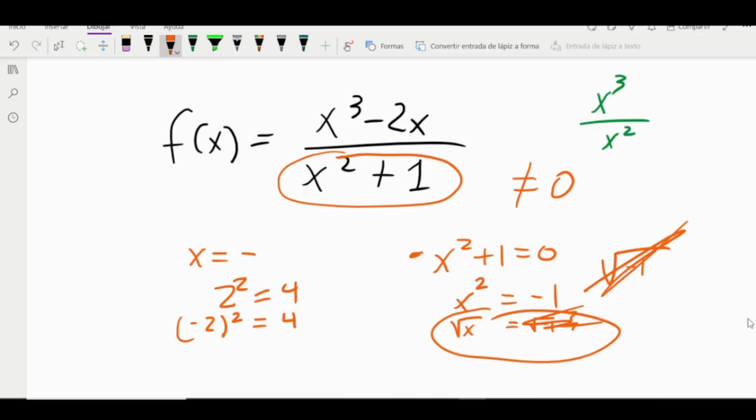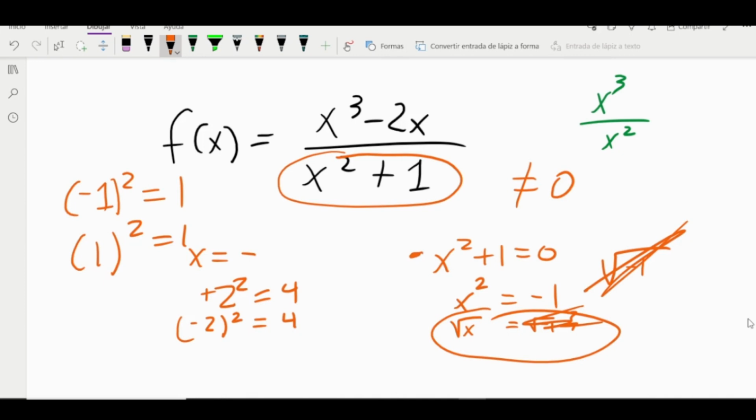So here I'm going to say that it's not possible to have any 0 in this part of the fraction, and it makes sense because no matter what value you put into the x, positive 2 or minus 2, it's always going to be positive. No matter if you put a negative number, for example minus 1 squared, it is always positive, and if you put positive, it's positive. So it's not important what value you put, it will always be greater than 0, so it makes sense.